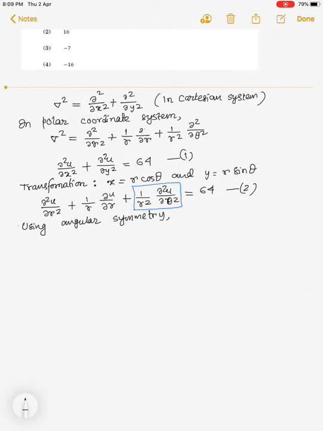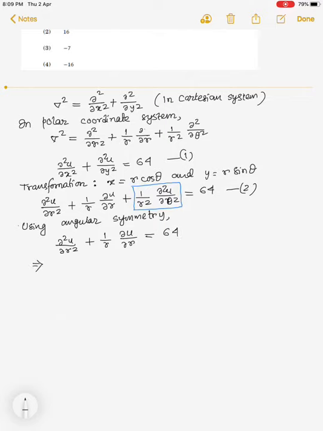Hence equation 2 reduces to del 2u del r2 plus 1 by r del u del r is equal to 64.